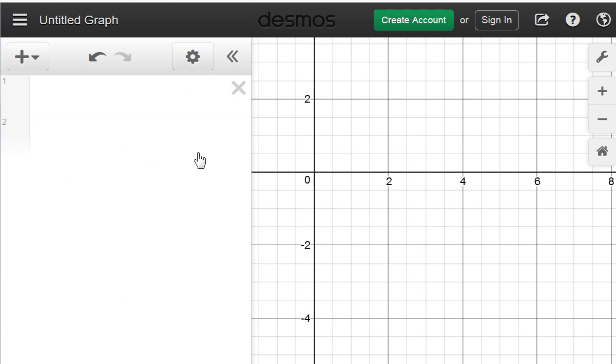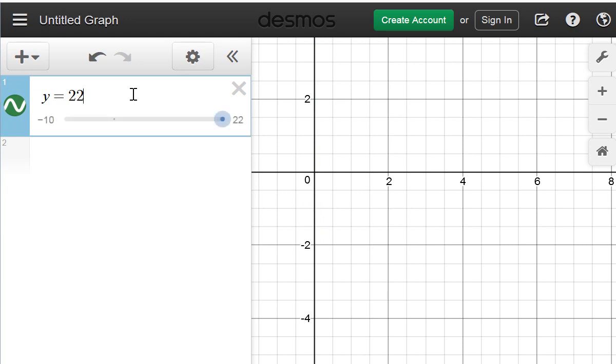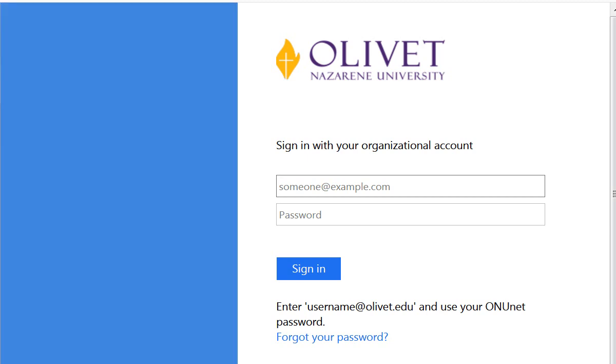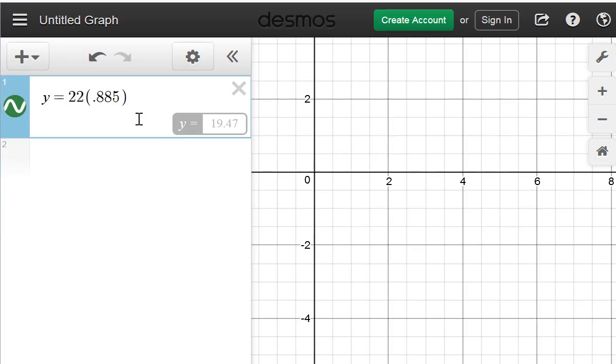So let's do y equals 22, and then we have parentheses 0.885, close parentheses, and then I think we want to do a caret. Nope. That didn't work. Exponents here.